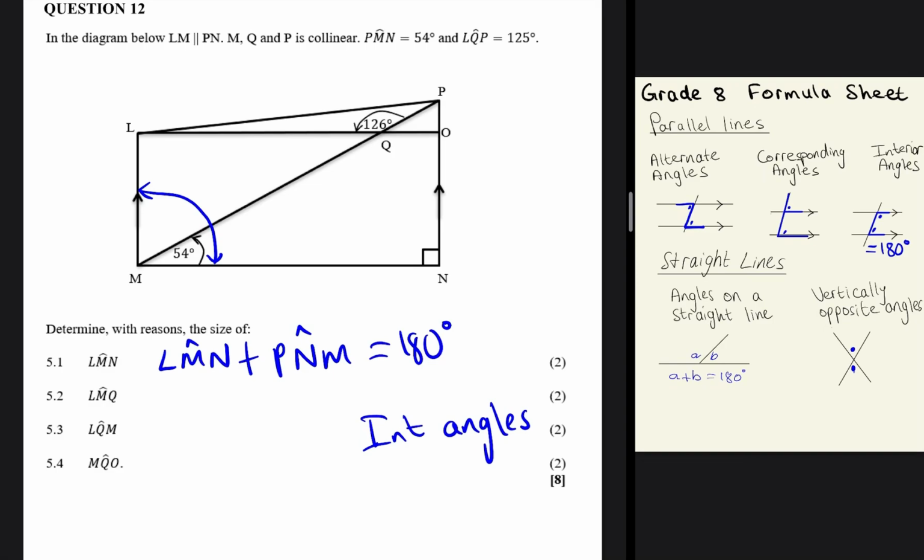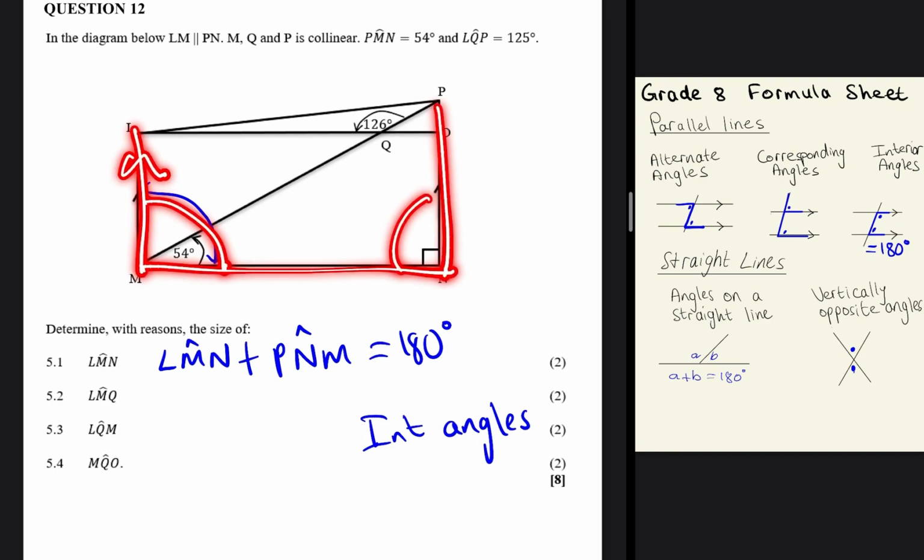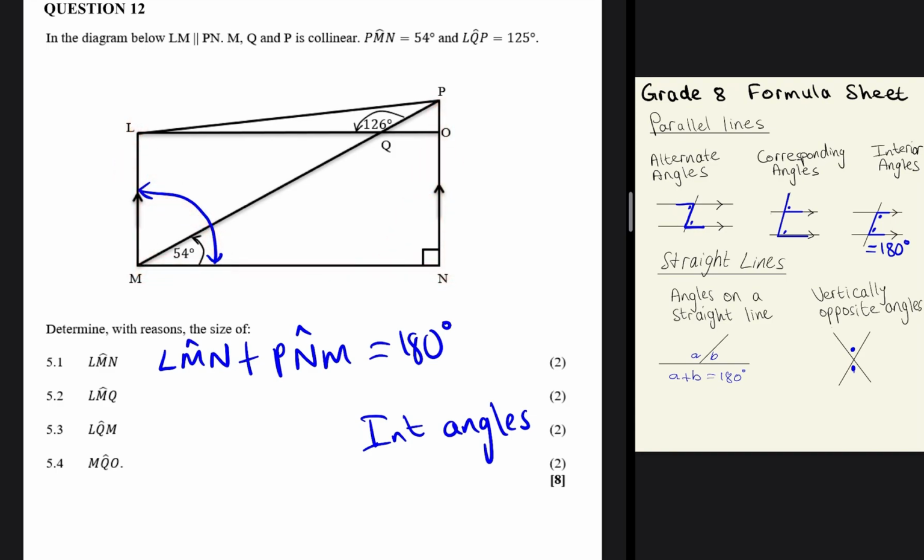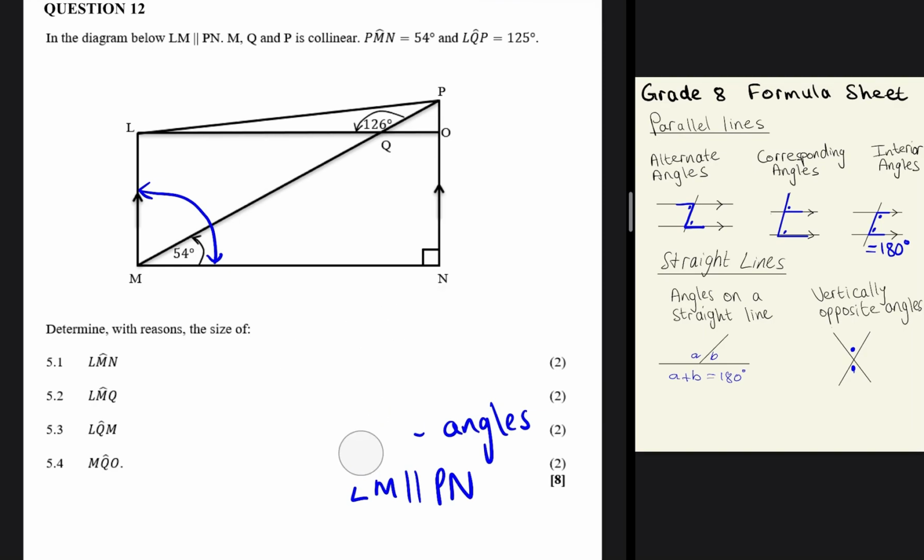And again, very important, if you're talking about interior angles, you have to say which lines are parallel. So we're dealing with the two interior angles over here, and the lines that are parallel are line LM and PN, and then you write it down: LM is parallel to PN. Again, we have to write the reasons because they ask for it over here, then you'll get your 2 marks there. Alright, let's go on to the next one.